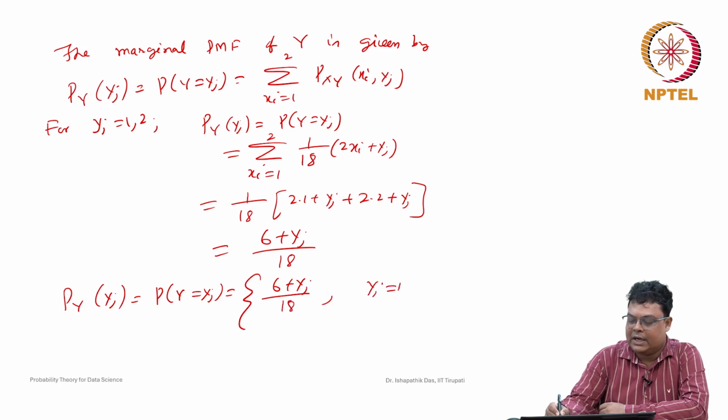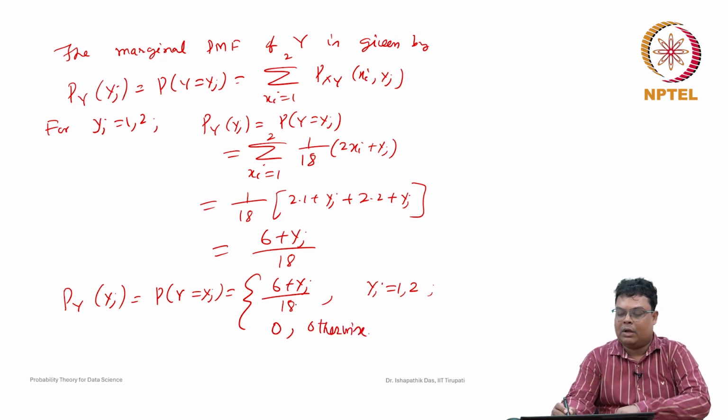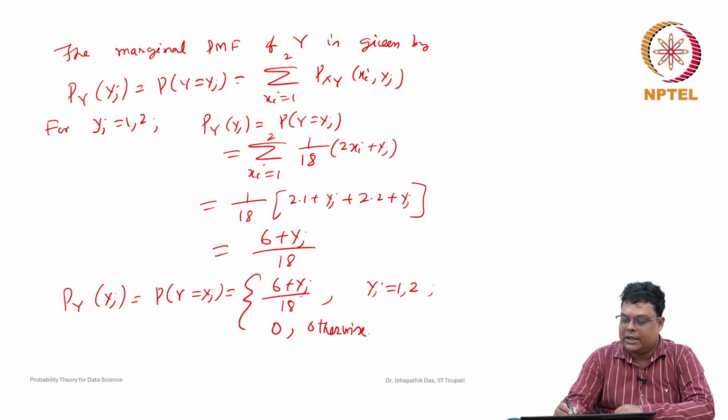Whenever yj can take the value 1 or 2, this will be 0 otherwise. So now you can check, because yj equal to 1, then 6 plus 1, 7, and 6 plus 2, 8, so 2 yj.